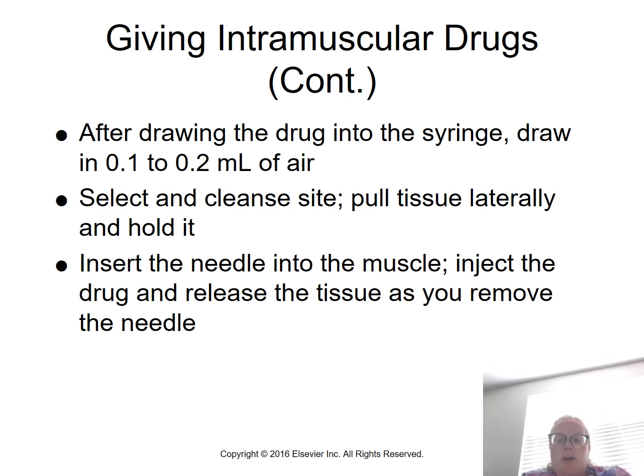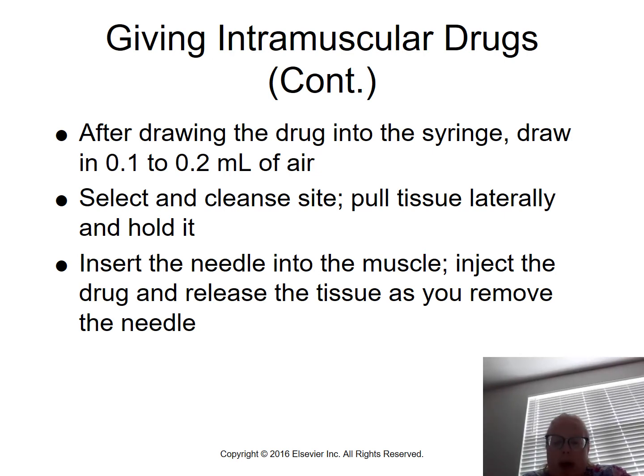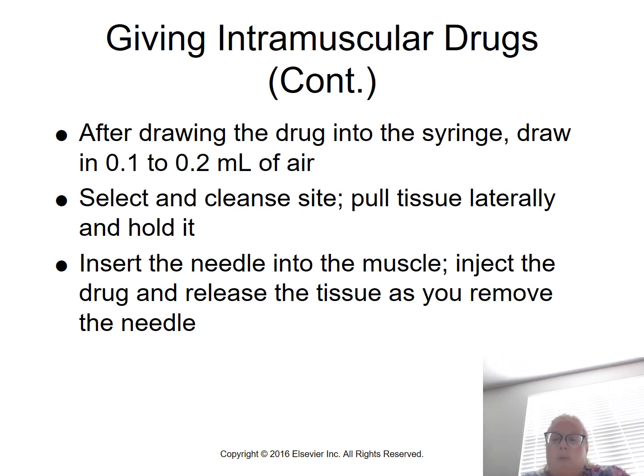Why do you think we use the Z-Track method, which is becoming more and more popular for all IM administration? By leaving that zigzag path, it prevents drug leakage into the subcutaneous tissue, helps seal the drug into the muscle, minimizes skin irritation, and makes sure that absorption occurs properly since it's going into the muscle of the patient.